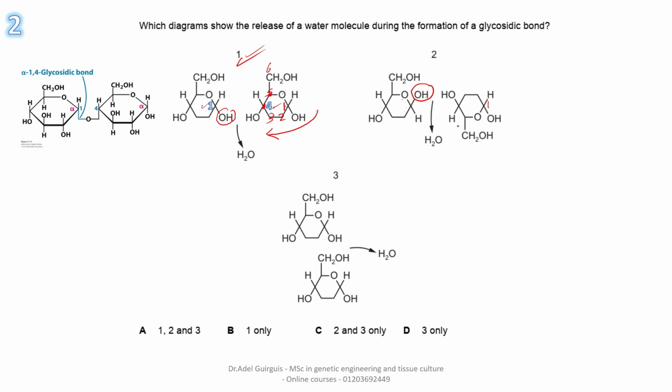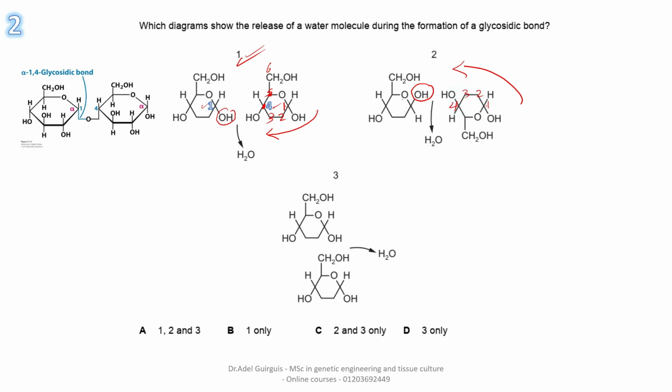This down due to rotation 180 degrees. Okay, to allow binding and formation of glycosidic bond. Look at the numbering now. The numbering becomes in the other anti-clockwise counting or numbering. Here number 1, number 2, number 3, number 4.